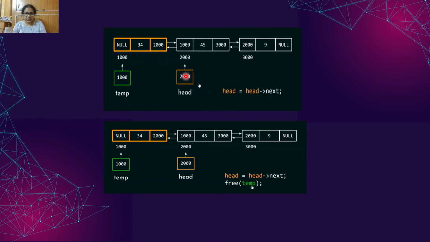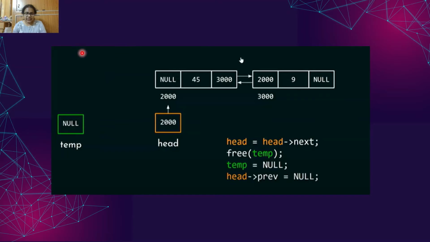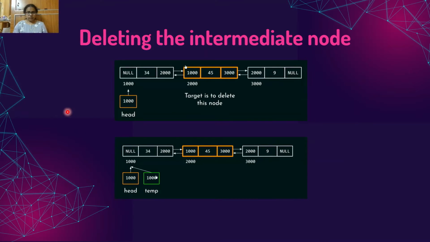So this goes here, and head is equal to head next, and free temp. So we have to free this. So this got deleted as we saw, and see head previous is null. Here we got null.